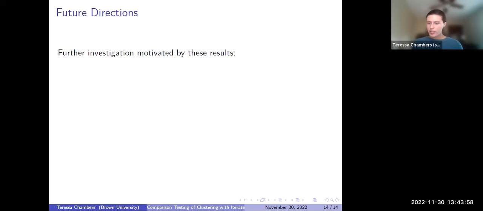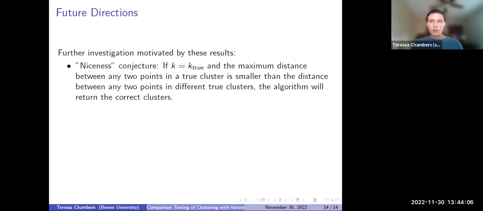Okay, so that's a lot. I do have a couple of future directions that I'm interested in pursuing based on all of this. Number one, between the two extremes of my carefully generated data and the incredibly messy handwritten digits, there should be some way to say, if the data is sufficiently nice and I give the algorithm the correct number of clusters to look for, then it will find the correct clusters.